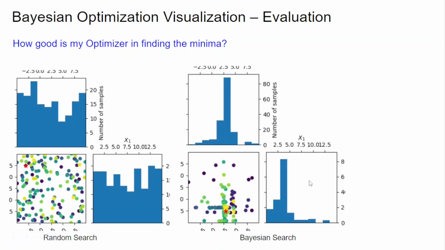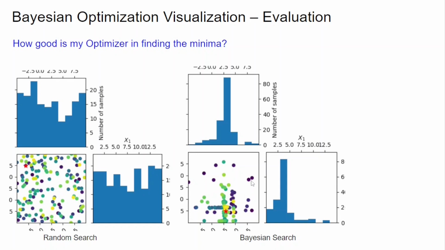Bayesian search just narrowed down and searched only a certain segment in feature 1 and a certain segment in feature 2. And it got me a minima out here. It did not go and search randomly all over the place, but rather it was always focused on this one zone, while trying to move forward in a certain way.